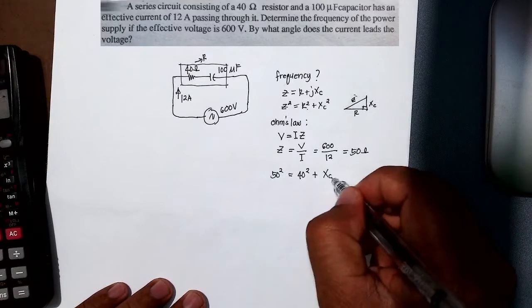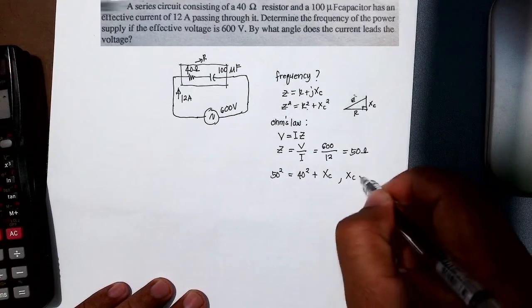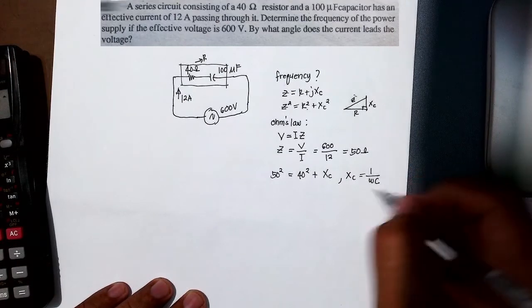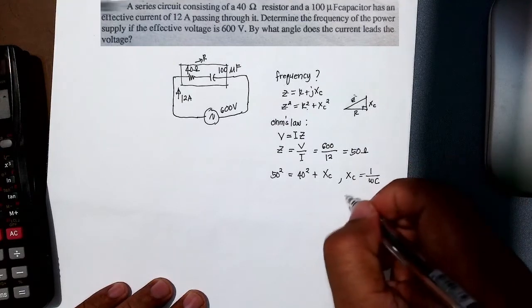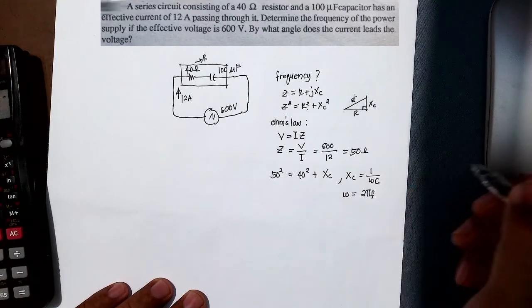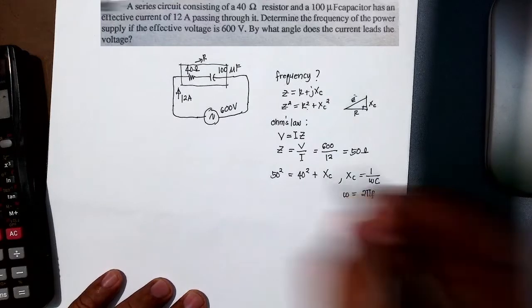But X sub C is actually 1 over omega C. This is the capacitive reactance, where omega is 2 pi F. So we are going to substitute it here.